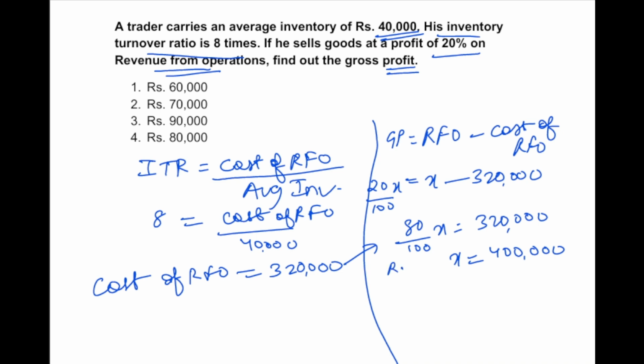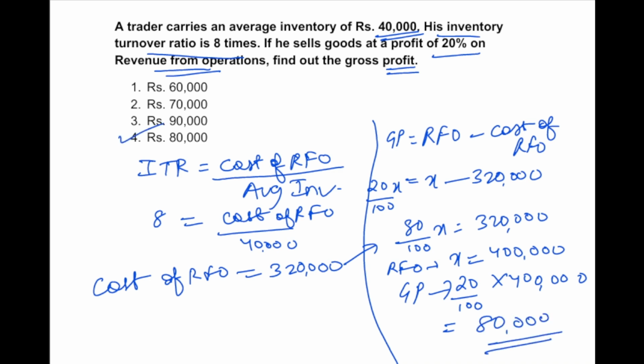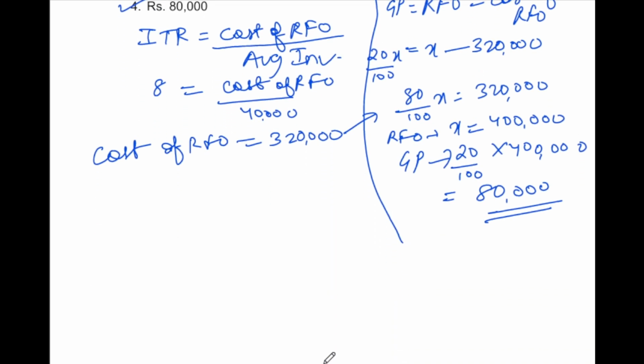RFO is 4 lakh. GP will be 20% of RFO. So 20% of 4 lakh, which is 80,000. Correct option is fourth.